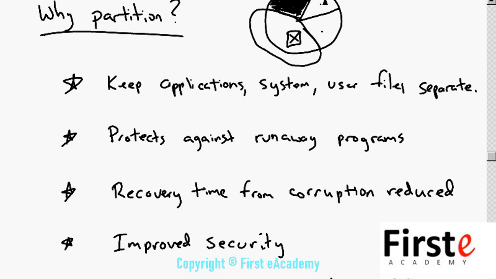If this is the applications partition here, well, we can make that partition read-only. Okay, there's no reason that anybody, including system programs, need to write to the applications partition, and so by making it read-only, we're adding an extra level of security to our system, so we know the applications aren't going to be tampered with.